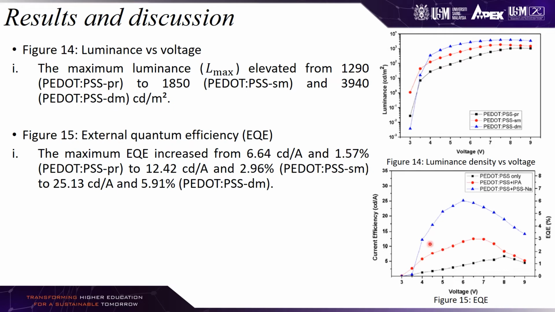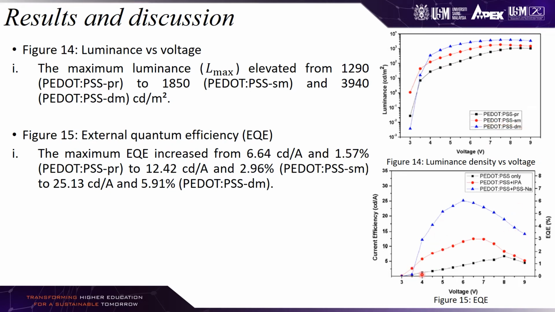And this is the blue line, which is PEDOT:PSS plus PSS-NA, which is PEDOT:PSS-DM, a dopant modification. The red line is PEDOT:PSS with IPA, which is PEDOT:PSS-SM, a solvent modification.